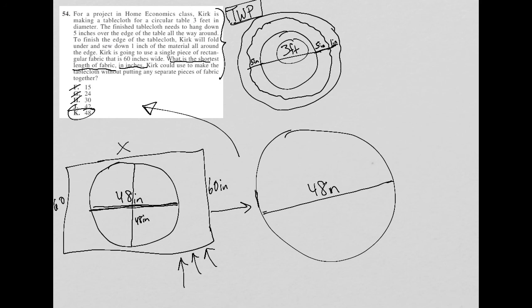There's no way that any of these answers could ever be correct because they're all less than 48 inches. So 48 would be the shortest. I could cut this rectangle perfectly here, and that would make this length 48.